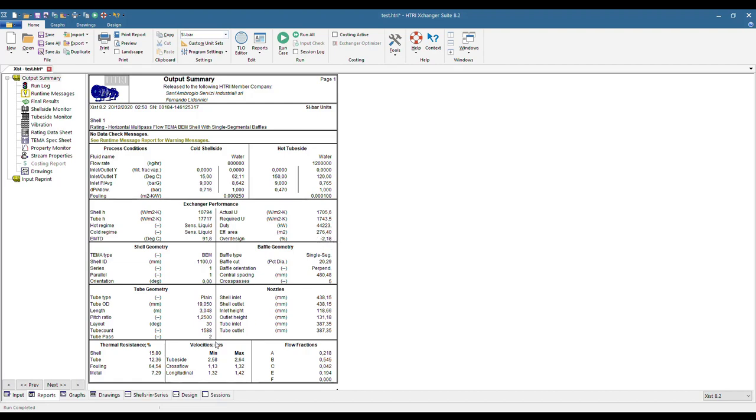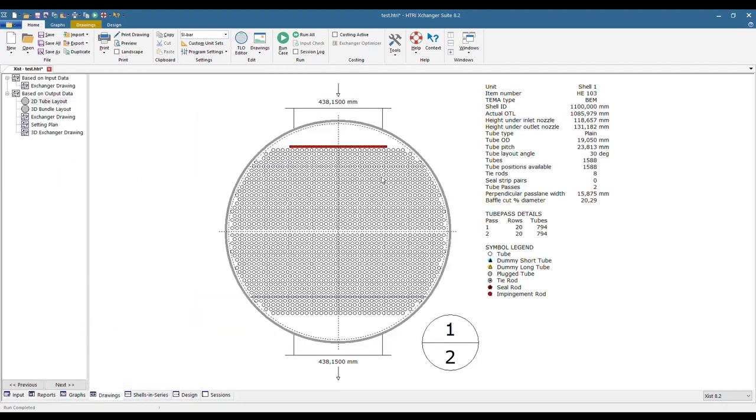What is the reason? The reason is probably the number of tubes, and we check drawings, tube sheet layout, you see, in order to accommodate this impingement plate, it was necessary to take out some row or some tube row. Maybe there is the possibility to adjust a little bit the tube sheet layout.